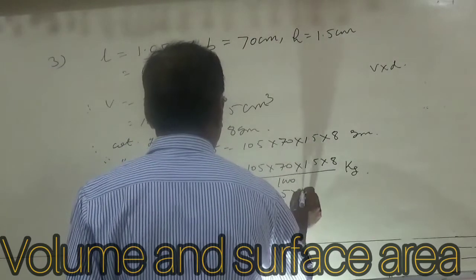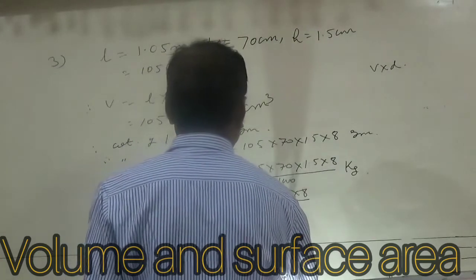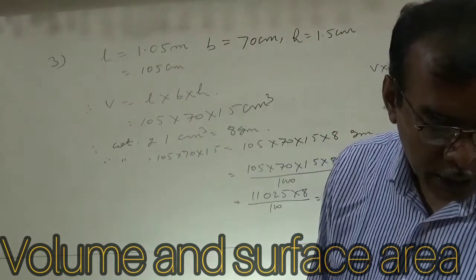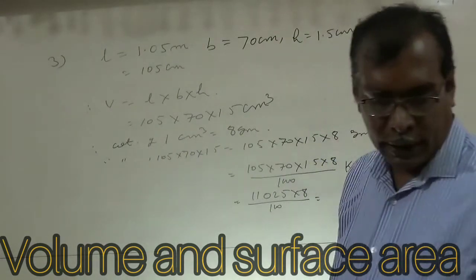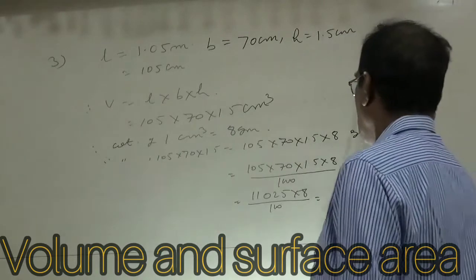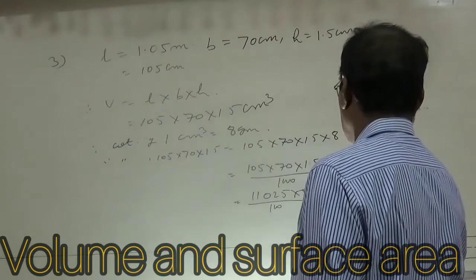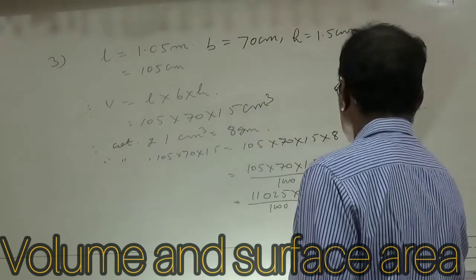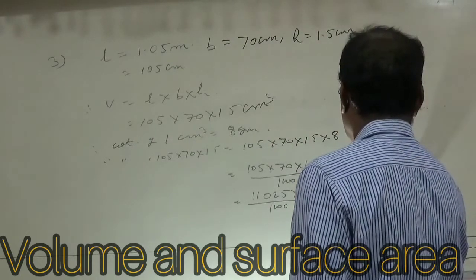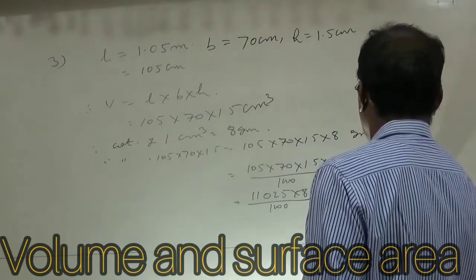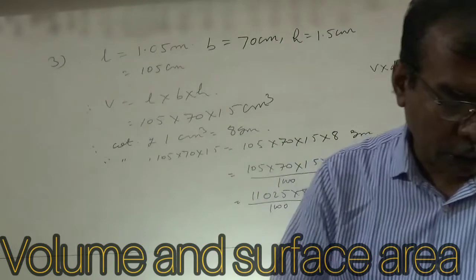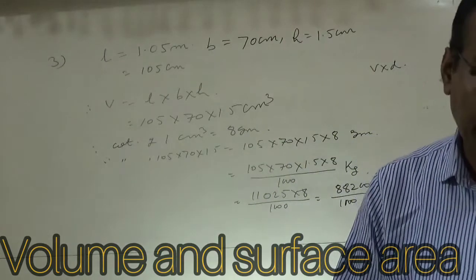So 11025 into 8 by 1000. Now if we multiply with 8, the answer will be 88200. 88200 by 1000 is equal to 8.82 kilogram, and that will be the answer. The weight of that particular cuboid is this much.